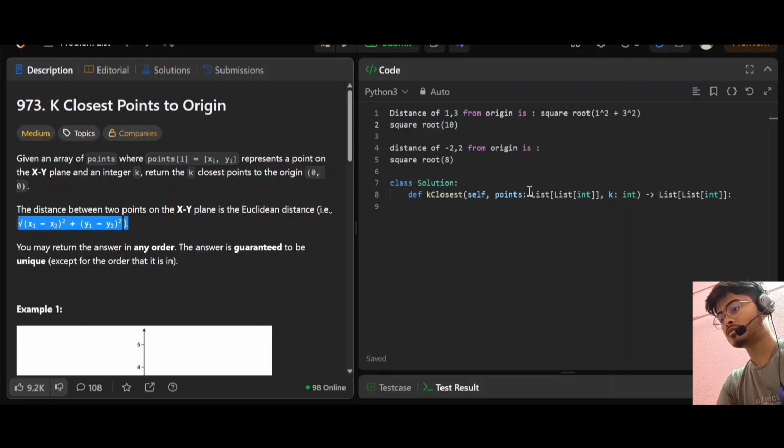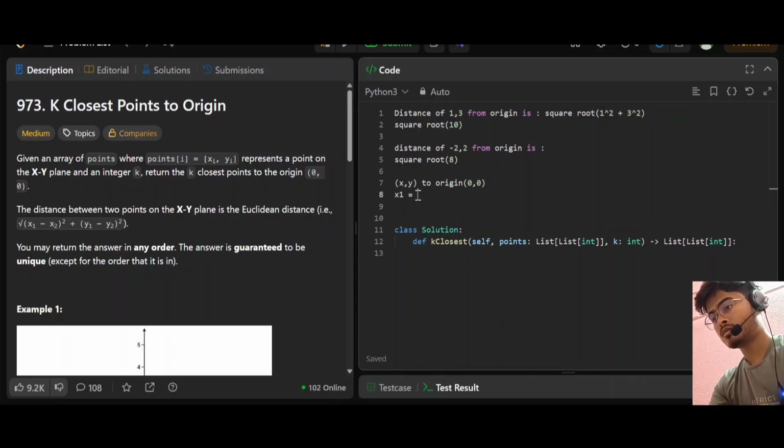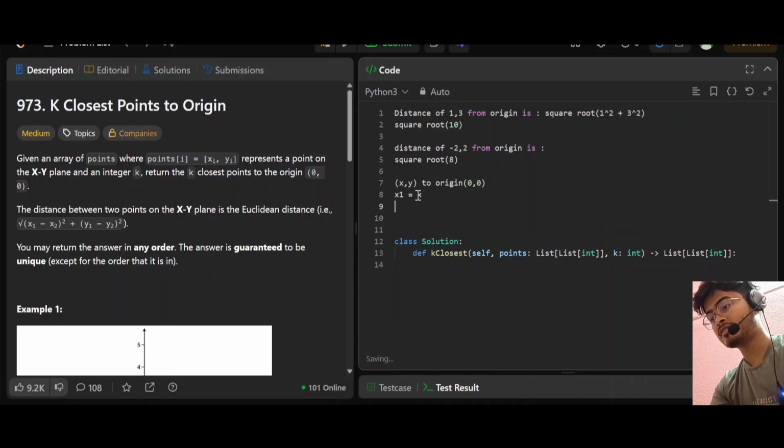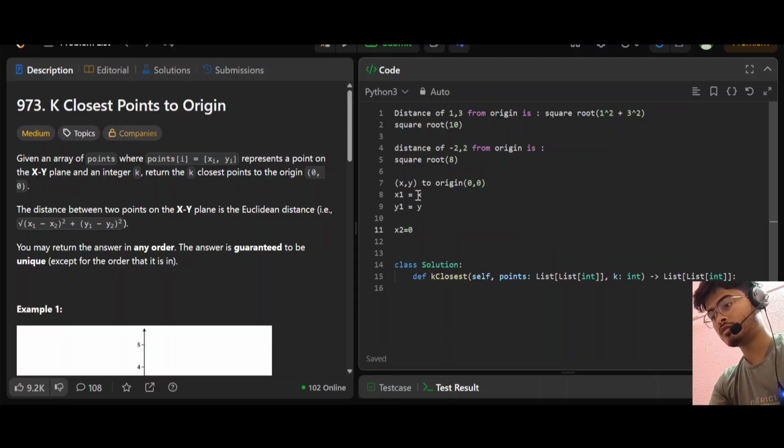Let's understand it more deeply. Suppose we are finding the distance from the x, y point to the origin. Here x1 is x, y1 is y, x2 is 0, y2 is 0.